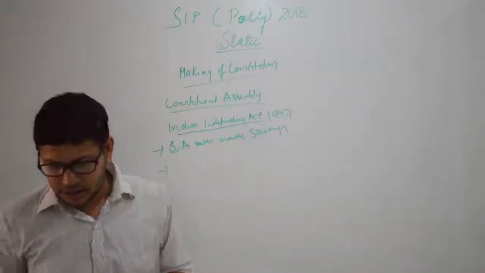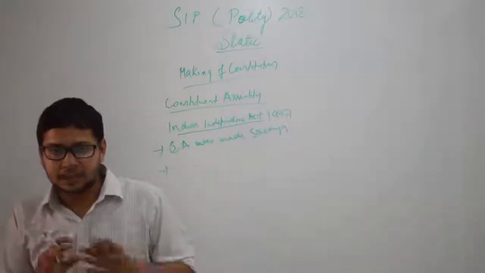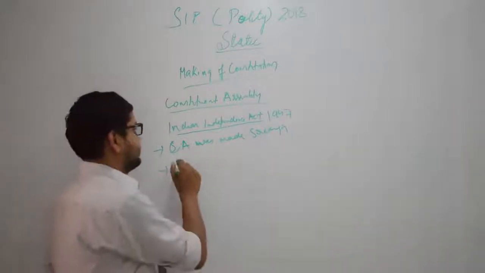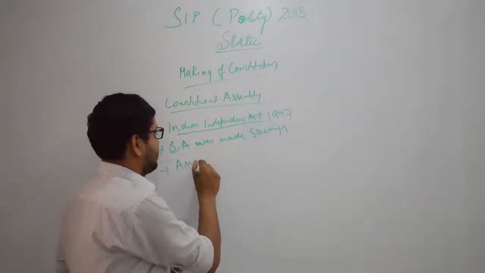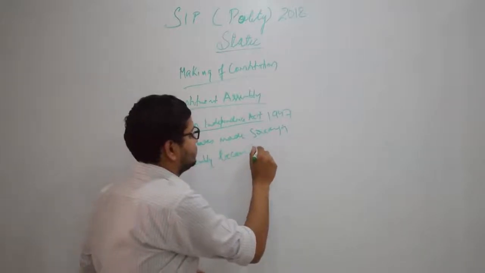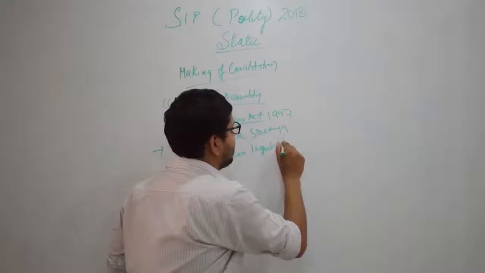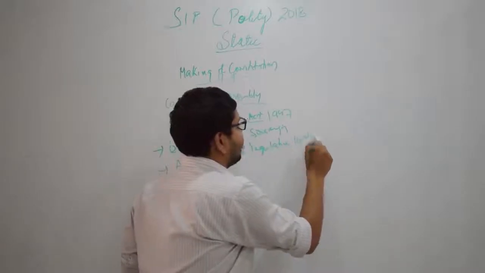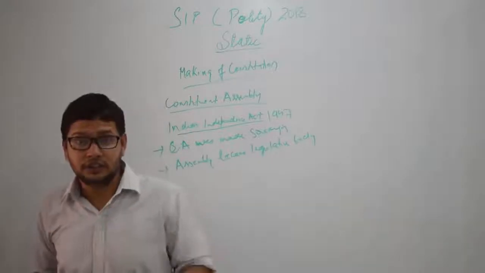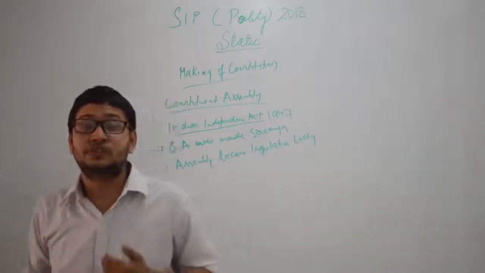Next, the assembly also became a legislative body. The first elections in India took place in 1952.